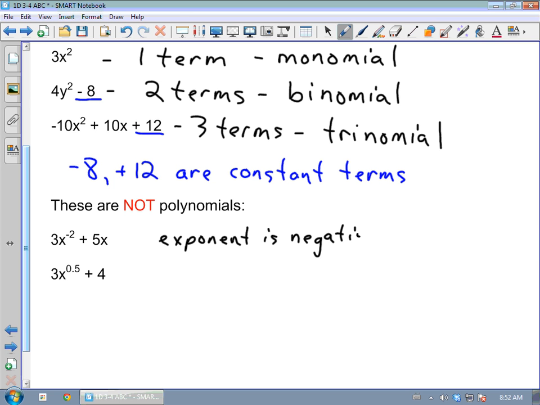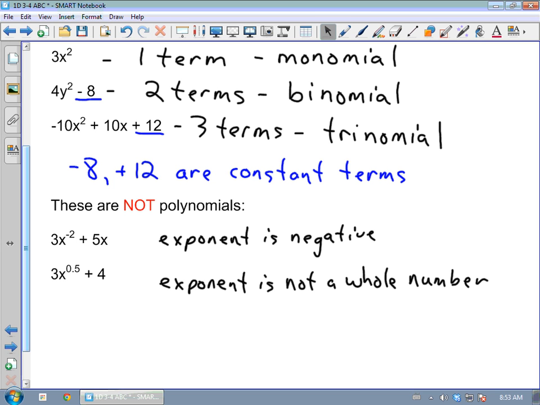So the exponents in polynomials have to be positive, and down here our exponent is not a whole number. So if the exponents are negative or not whole numbers, we do not have polynomials. And that's it for box A.